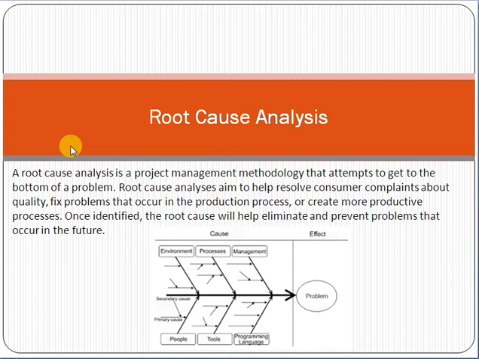This was the main cause, that they don't have a clear vision, they don't have clarity about the scope of work. Due to that reason, they are not clear about the requirement, and they are missing the timelines.